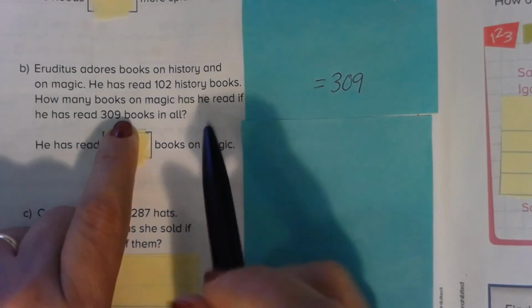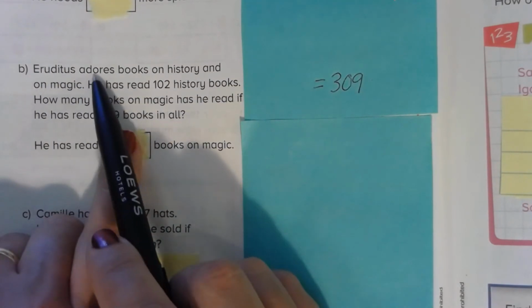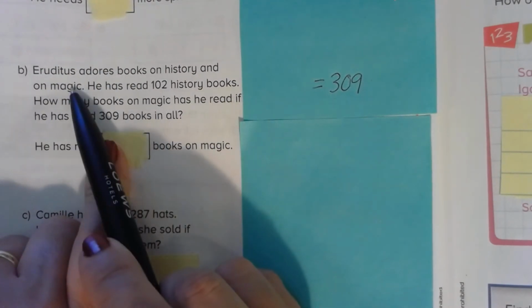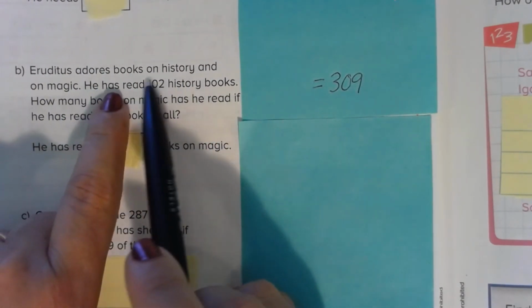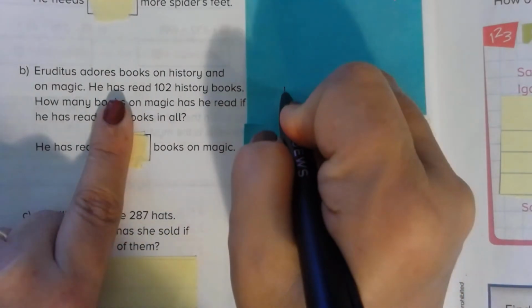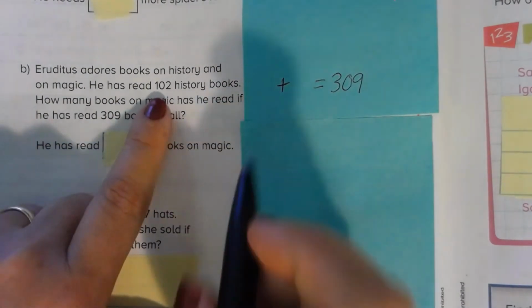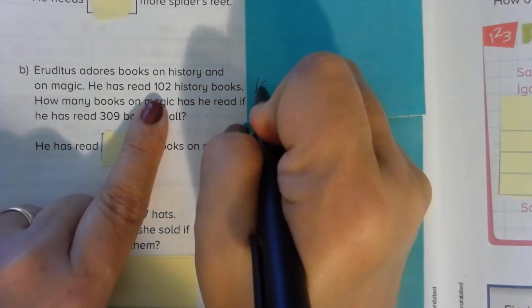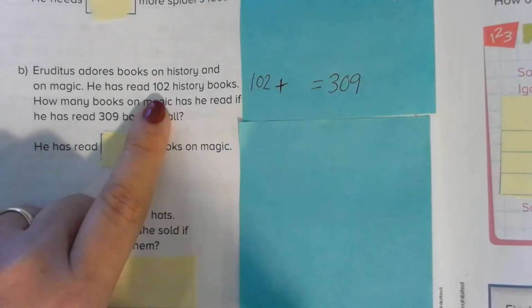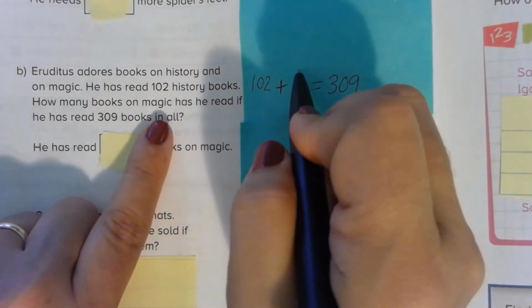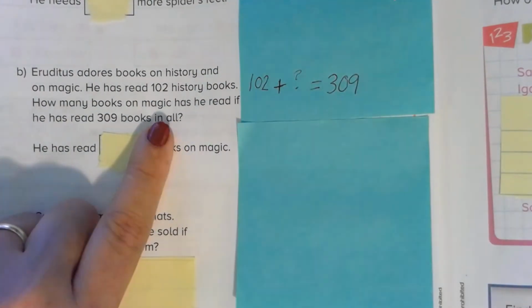All right, so Mr. E, he reads history and magic, and so I think it's going to be a plus. And I know he read 102 history books, but I don't know how many magic books he's read.